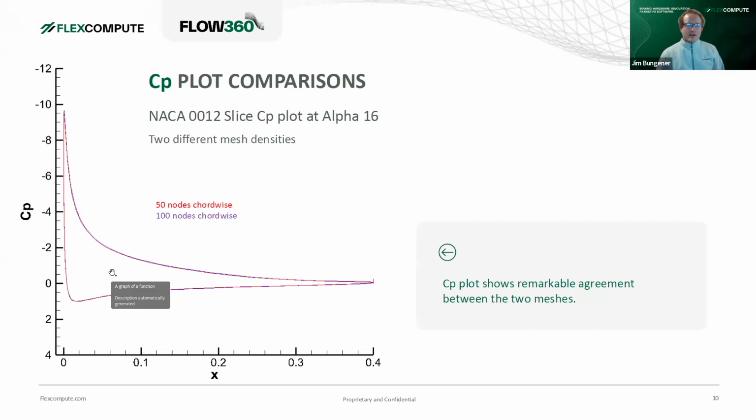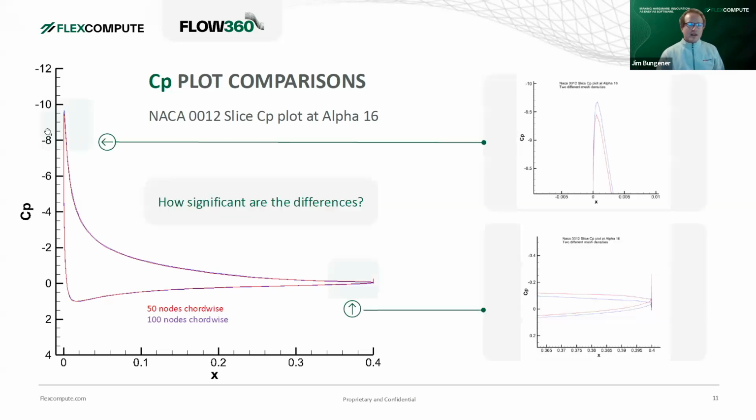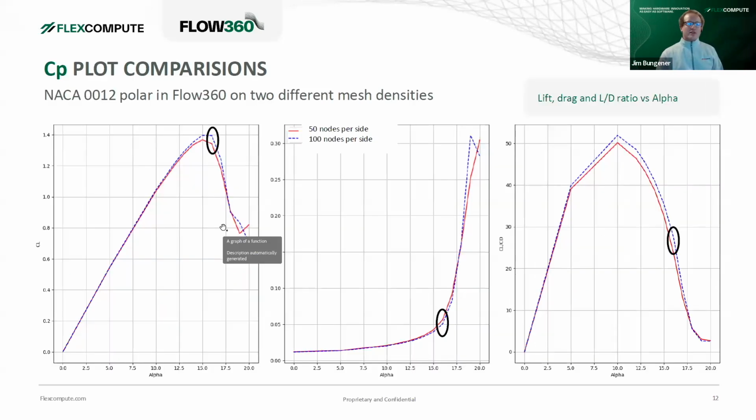But if you start looking in detail, you can see that if you zoom in here, the CP plot is actually significantly different. If you look at the trailing edge, there are differences. And because the forces are the integration of those pressures, you actually end up with something that looks like this, where this is the CL alpha curve, and it looks fine until you get to that alpha 16 point. And on this curve, the comparison doesn't look anywhere near as good at all.